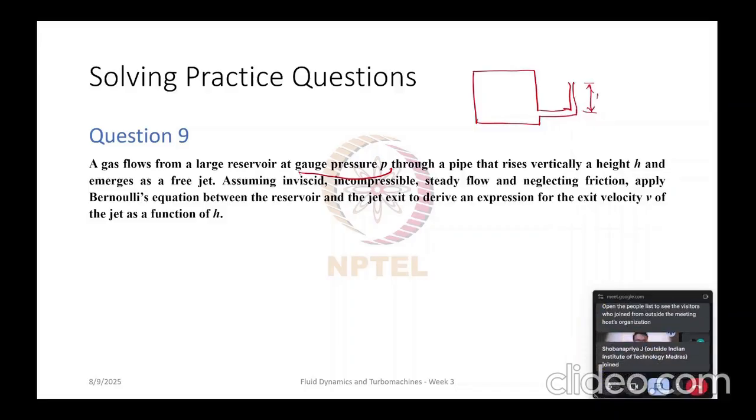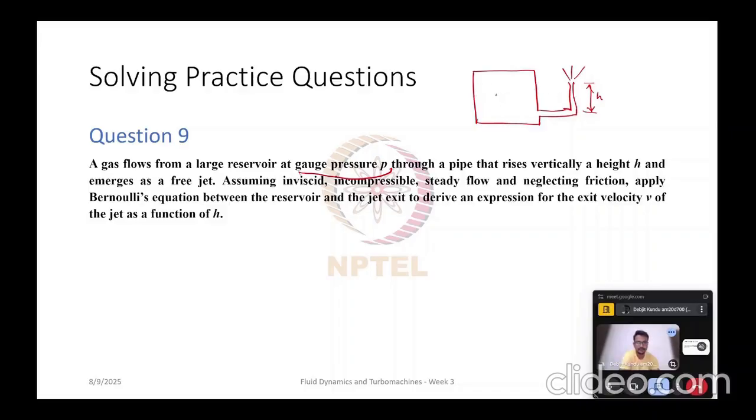So this height is h, and the gas is being ejected as a free jet out of this pipe.